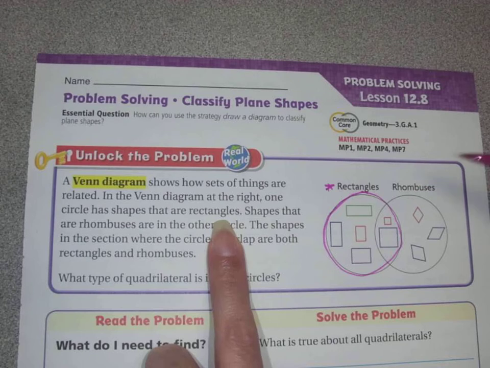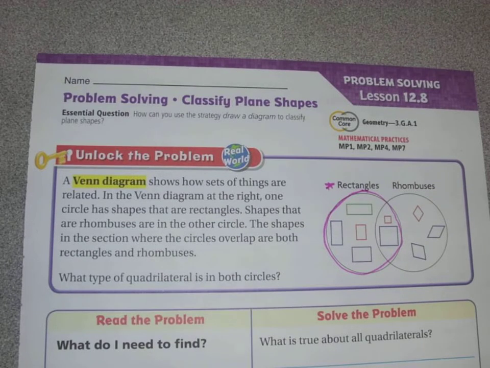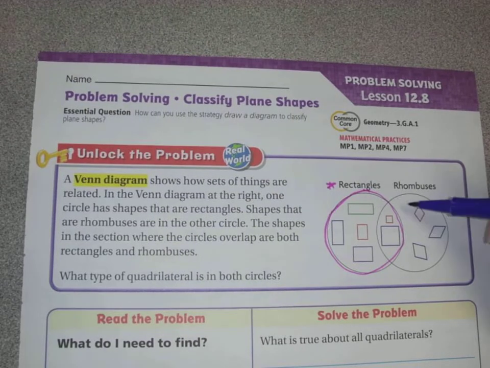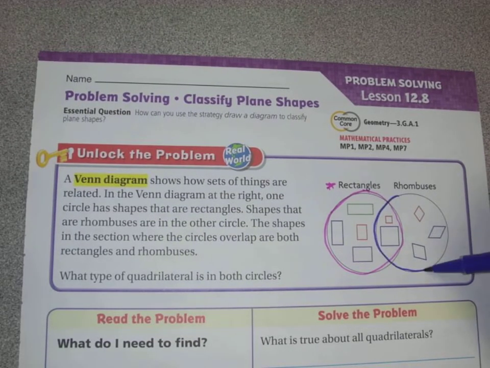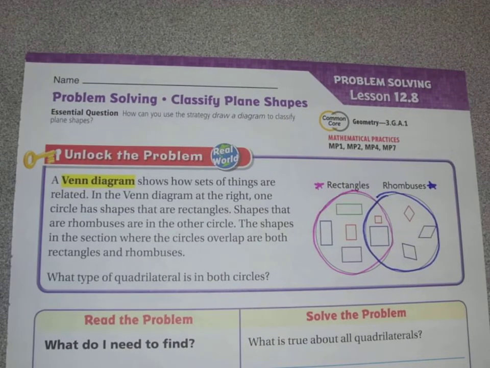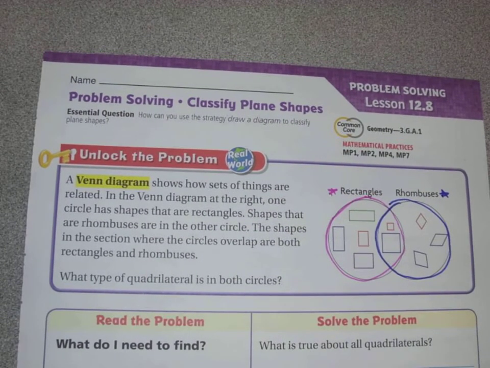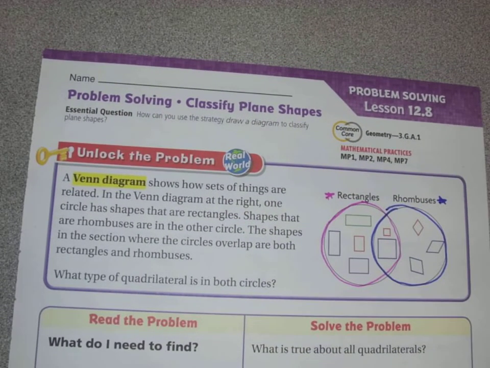Now this other circle, let's use blue, to the right, represents all of the shapes that are rhombuses, okay? Again, rhombuses is the title above that large circle. So all those shapes in that circle represent rhombuses.